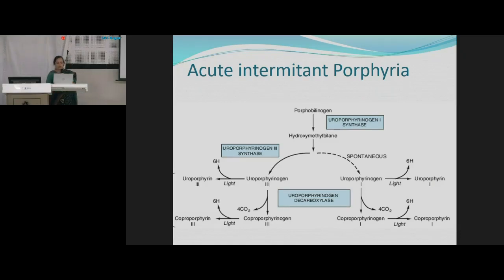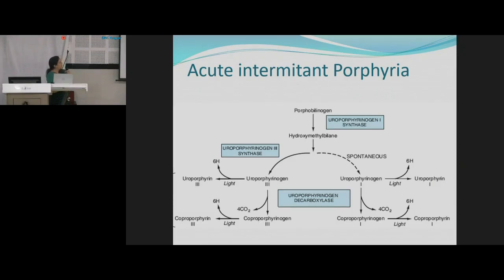It is required for the conversion of porphobilinogen to hydroxymethylbilane. That is, it converts this porphobilinogen into the linear structure, that is hydroxymethylbilane, and this enzyme required here is uroporphyrinogen 1 synthase. So deficiency of this will cause acute intermittent porphyria.